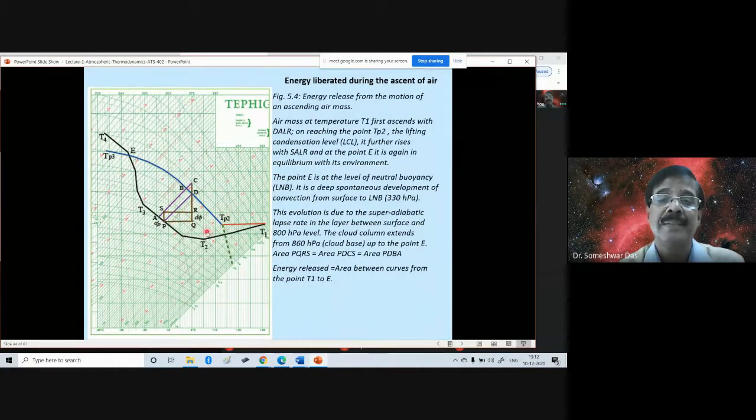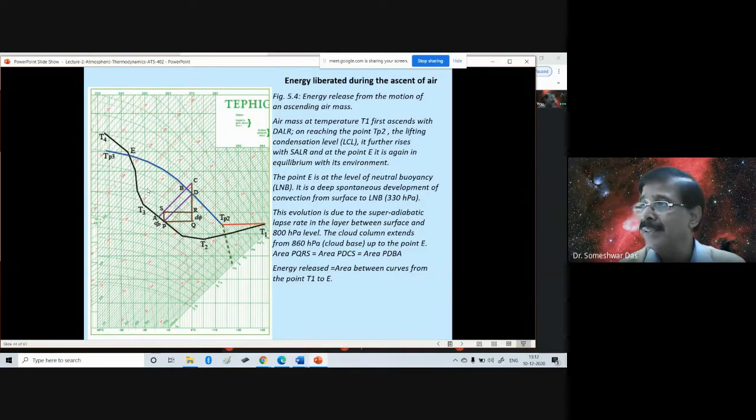Sometimes you will see there are many types of atmospheric profiles. When you take observations from a radiosonde, you will find many types of profiles. Sometimes these profiles are such that the area within this curve is larger than the area within this curve above. That means the energy hidden in the atmosphere is less than the energy required to push the parcel to the level of free convection.